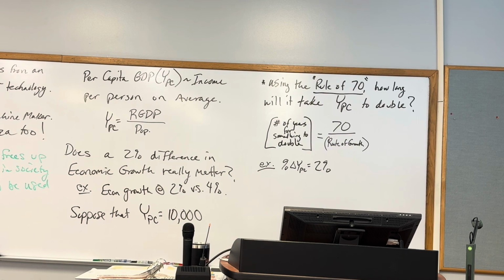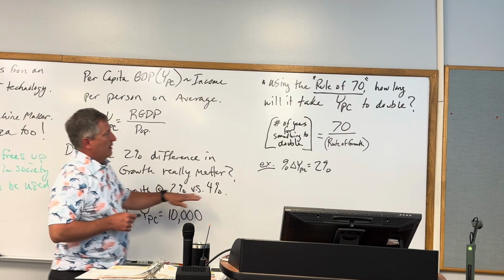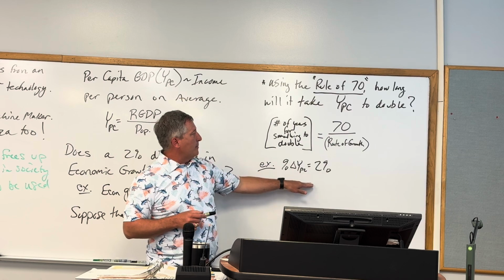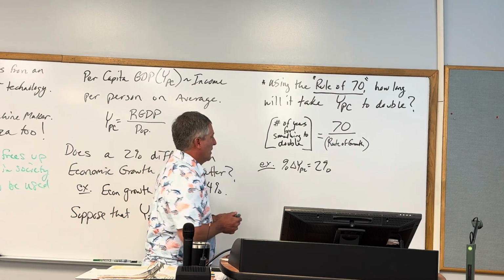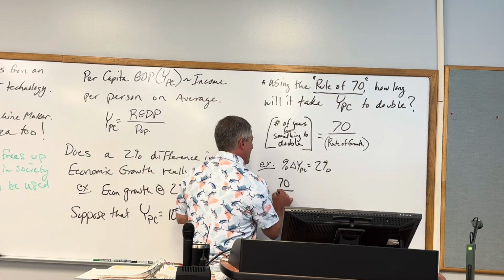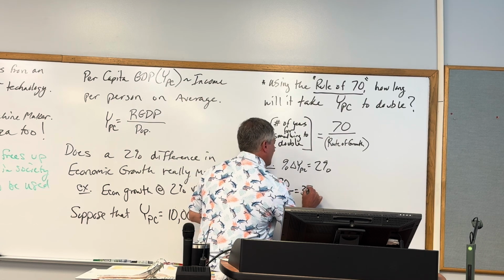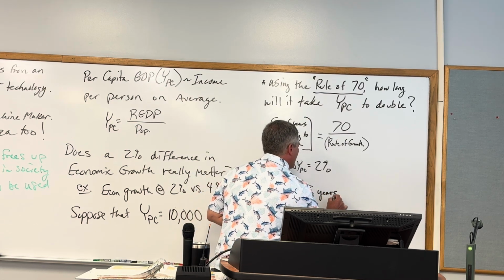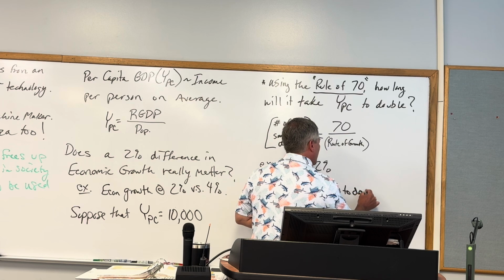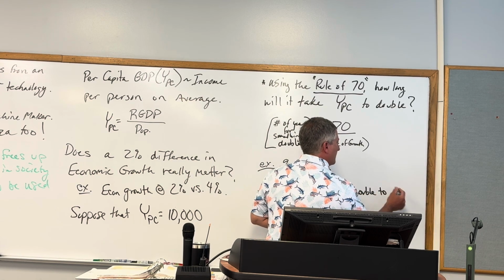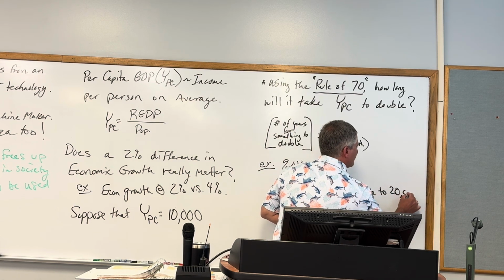That's why we use it as a rule of thumb. 35, yeah. So 35 years, we're just going to take 70 divided by 2. So 70 divided by 2 equals 35 years to double to 20,000.